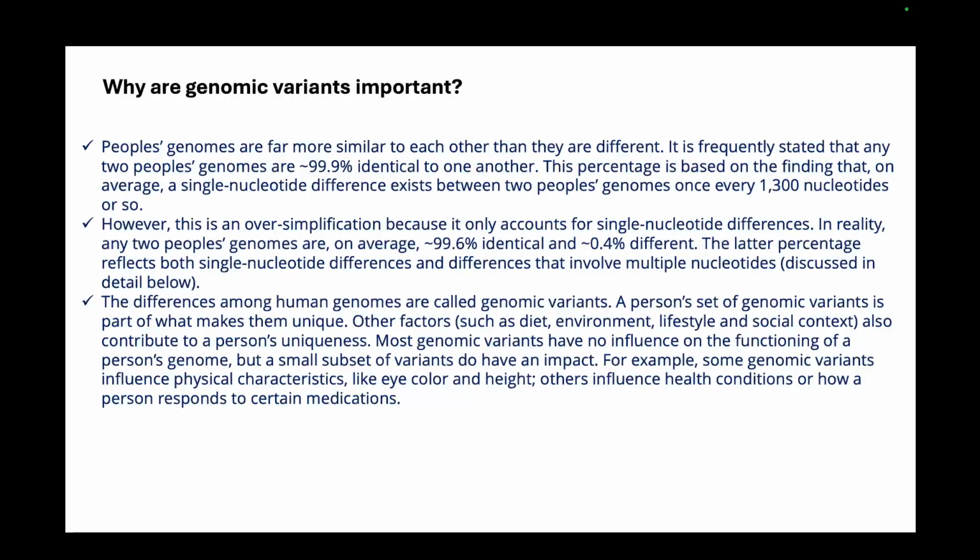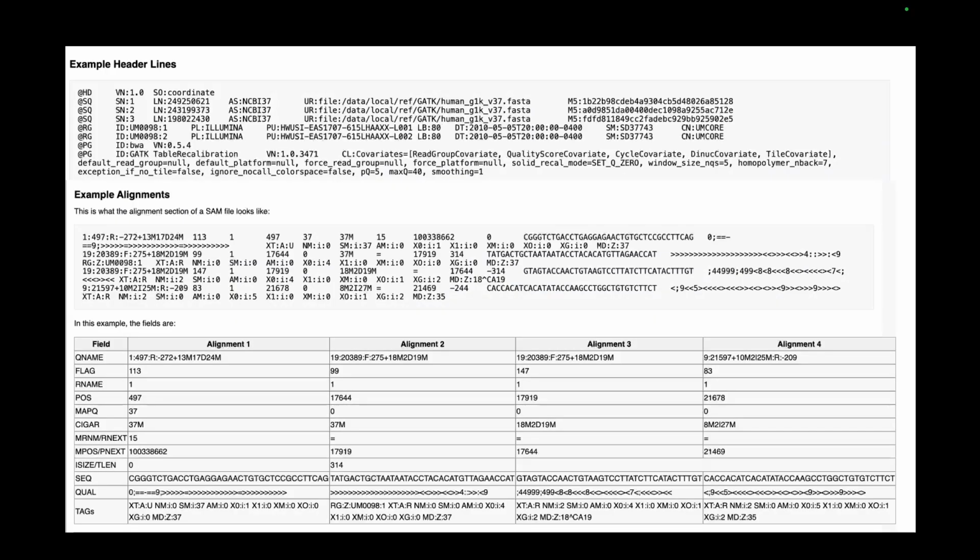This is how our example SAM file looks. In alignment one, this is the number, which is the key name. Then you have the flag, then the RNAME, then the position, map quality, CIGAR, and the rest of the elements present in the SAM file.